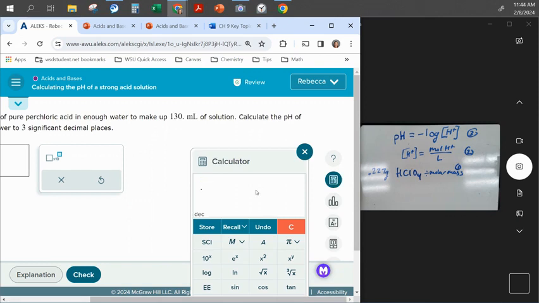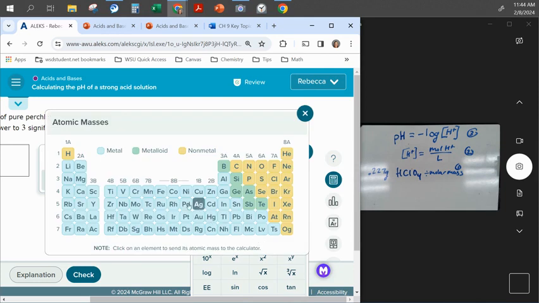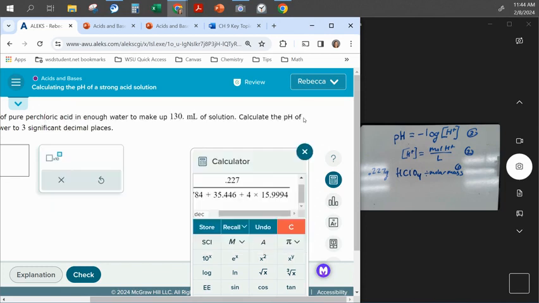All right, so 0.227 divided by the molar mass, and we had to know the formula. It does not give us the formula. We have to know that. So we have 1 hydrogen, 1 chlorine, and then 4 oxygens.